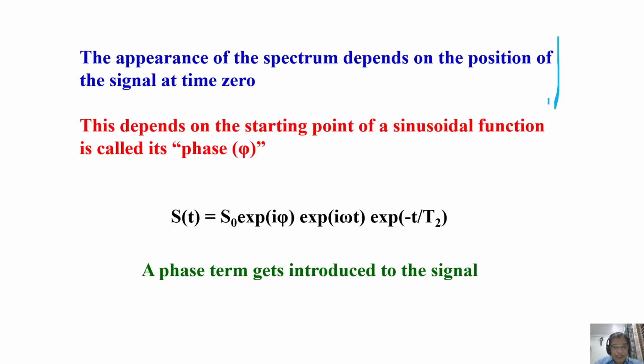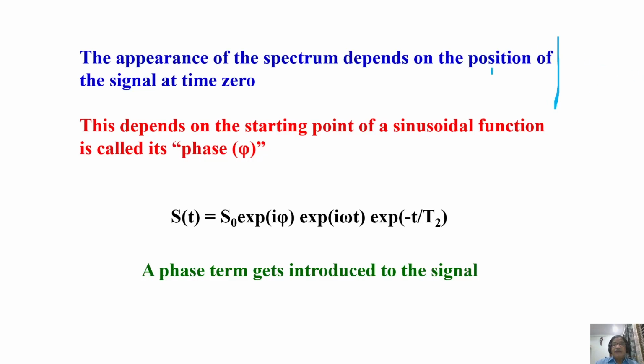Remember, I apply a radio frequency pulse and bring the magnetization here. Instantaneously, the spin vectors, all of them, are in coherence. I have to start collecting the signal immediately without any time lapse. If there is a time lapse, what happens? Some problems of phases will come into the picture.